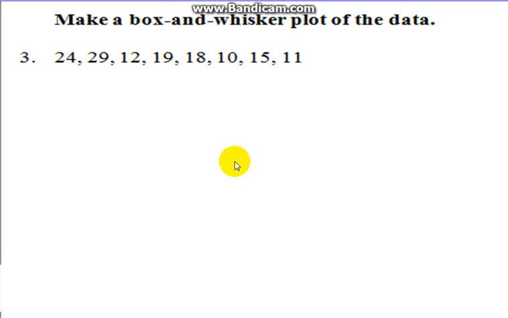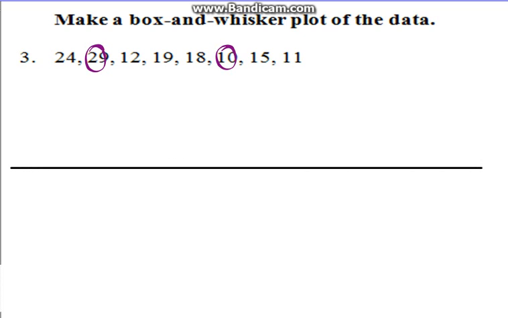This is to make a box and whisker plot of the data. So you want to look at your beginning and your ending. Our smallest number is 10 and our largest number is 29. So I know I'm going to need a number line from 10.